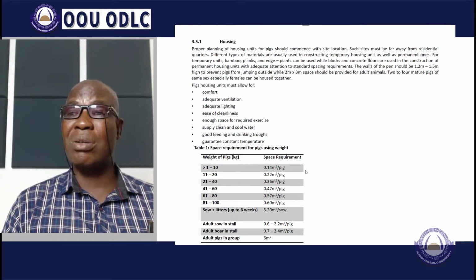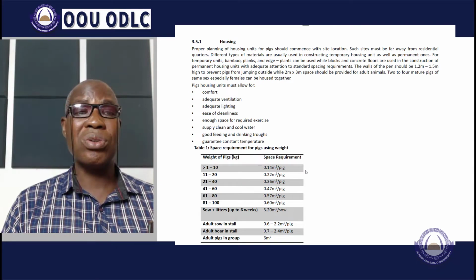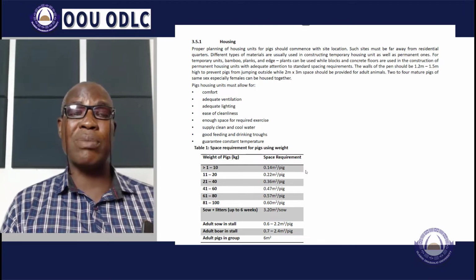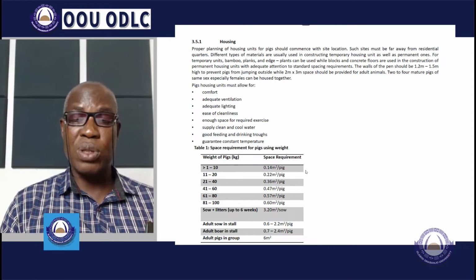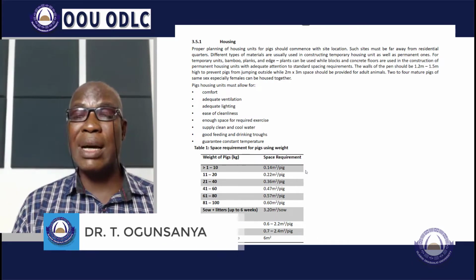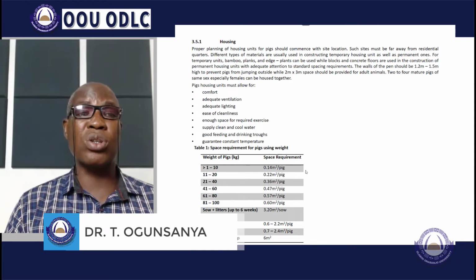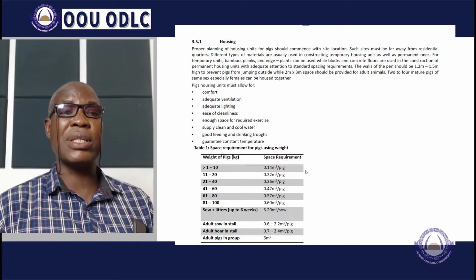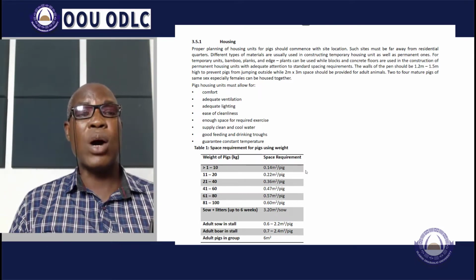Pigs cannot be found on the streets again, so people are not encouraged to use that system of management anymore. Most importantly, once you want to rear pigs for commercial production, you should be ready to use the intensive management system.